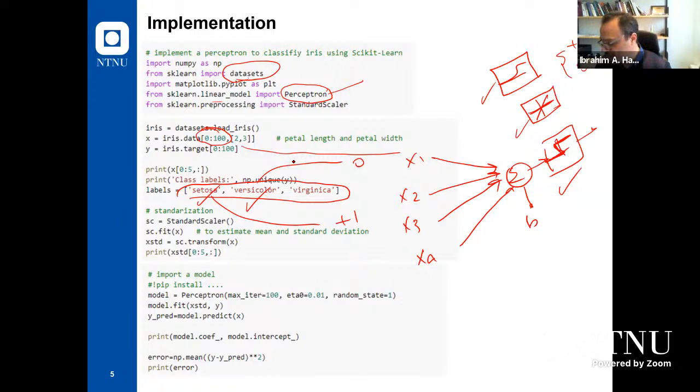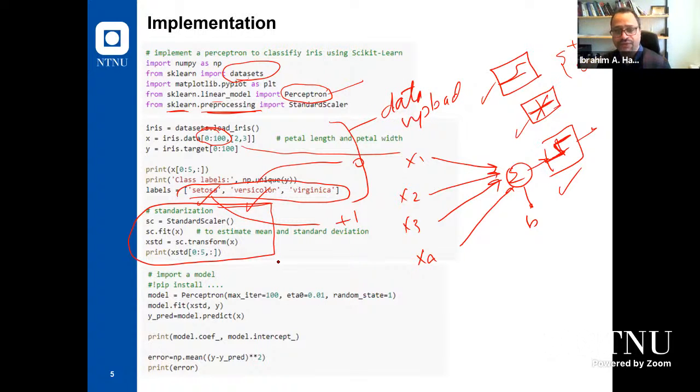In this example, we need to standardize, which is the part for data pre-processing. From sklearn we can also use preprocessing. First I uploaded my data points, then we pre-process them. I have x, which I guess is petal length and petal width, for example. I need to standardize it, so I will import StandardScaler from sklearn.